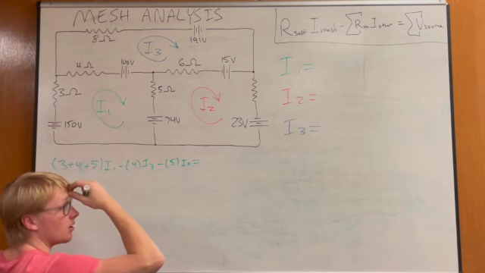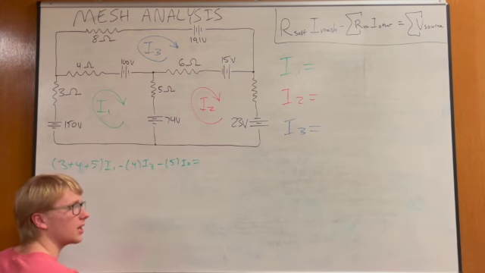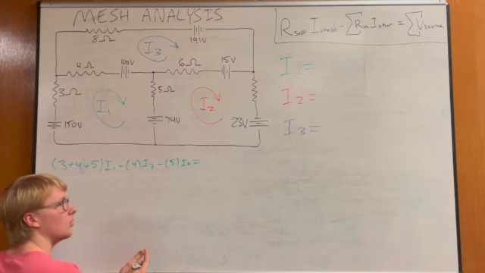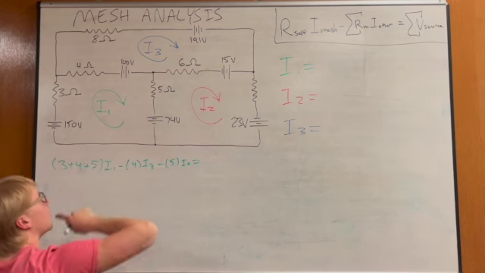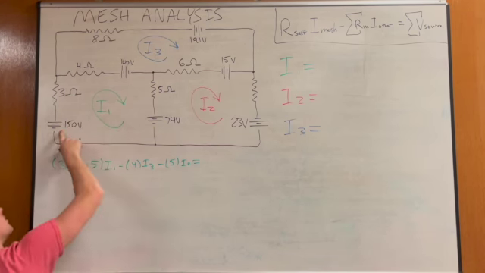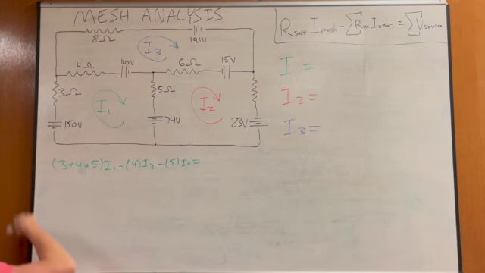It doesn't matter which one's positive, which one's negative, as long as you are consistent. So we're going to say that when it goes from a negative to a positive, we define it as positive, and when it goes from a positive to a negative, we define it as negative.